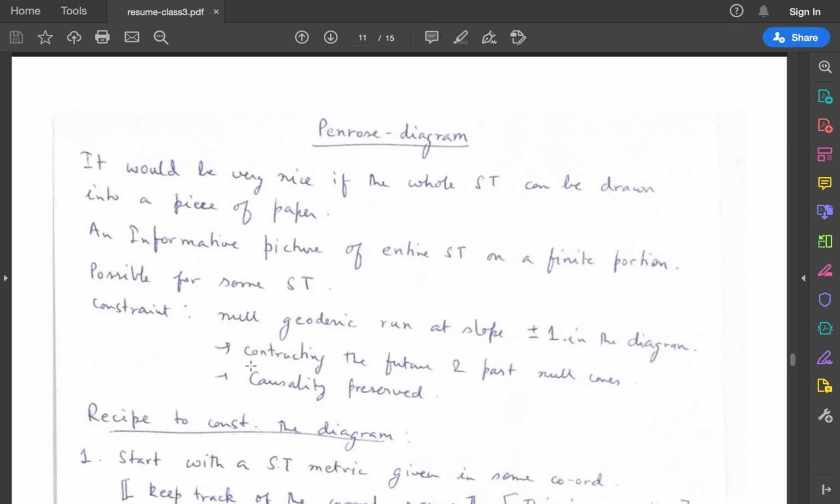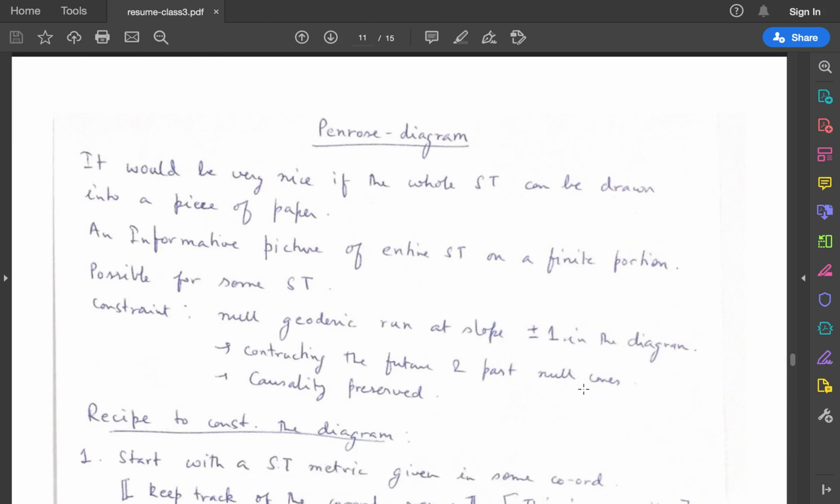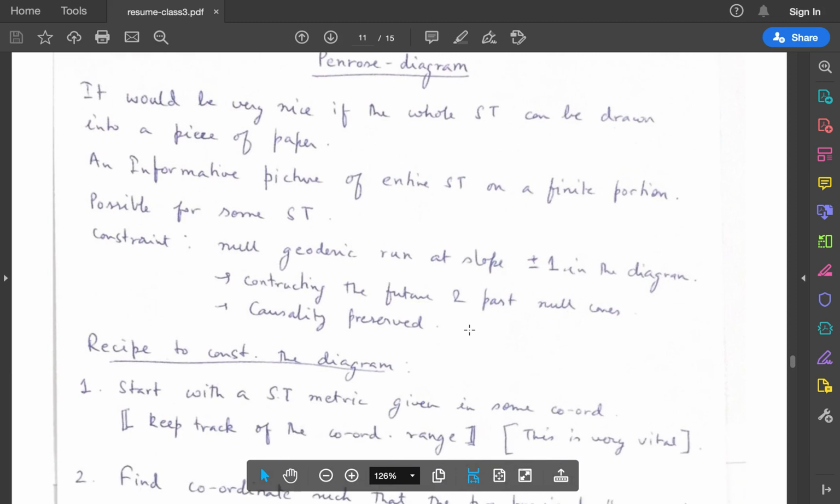Because we were able to construct the future and the past null cones, and if they run at plus minus 1, then looking at each and every point, we can say whether causality is preserved or not. So for preserving causality, the null geodesic should have this plus minus 1 slope in this diagram.